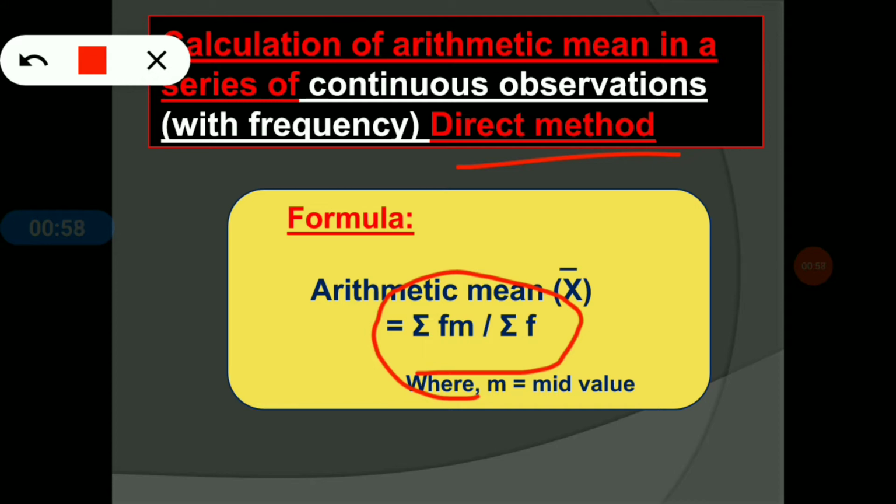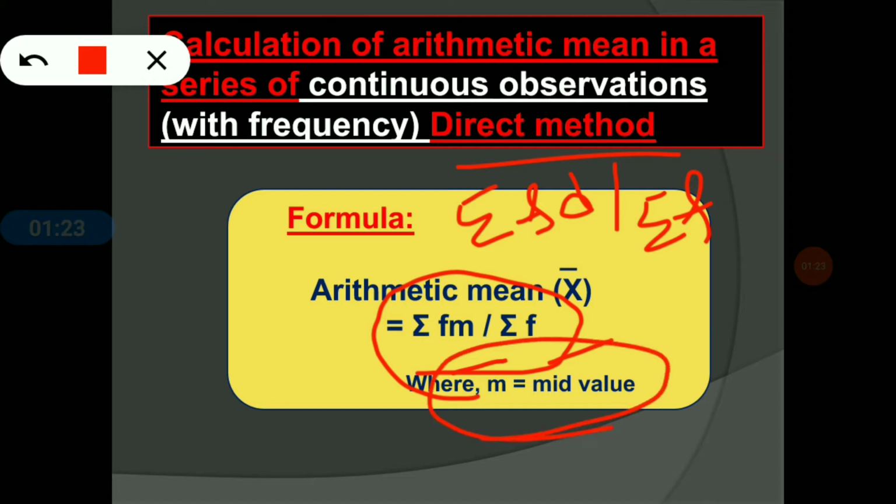In the case of discrete observations with frequency, the formula of the arithmetic mean equals summation fx divided by summation f, and here it is summation fm divided by summation f. That is the basic difference between these two formulas of the arithmetic mean, where m is the mid value. Okay, so now going to the next slide.